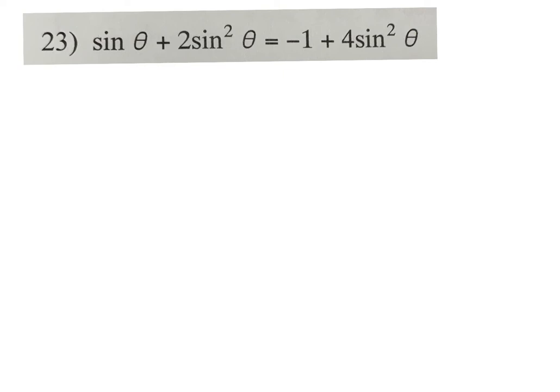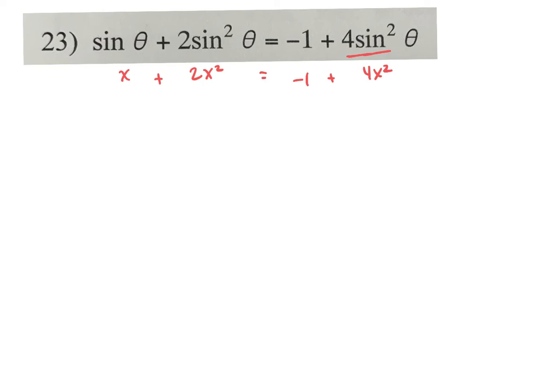All right. So in something like this, I am going to try to get everything to one side. Personally, I try to keep my squares positive. If this completely throws you off when getting to the factoring, you can think of this as 2x squared and 4x squared, until you get to the factoring.